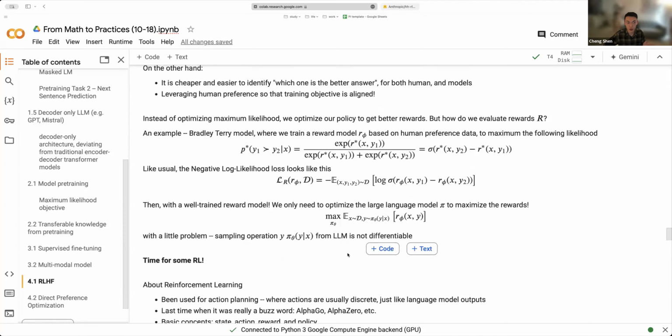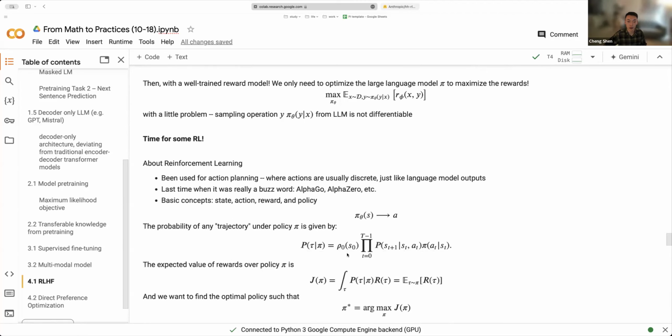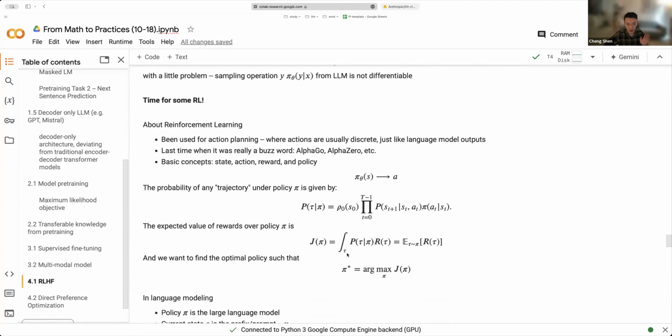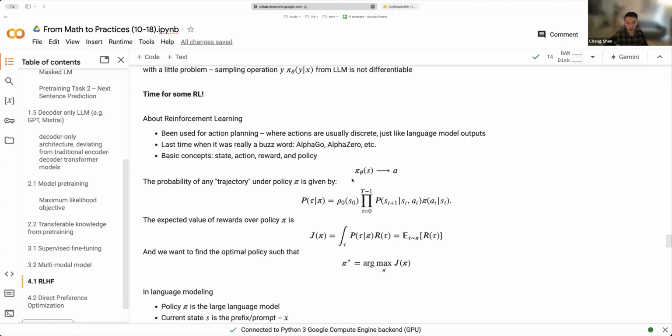And that's why reinforcement learning came into the picture. So a recap here about reinforcement learning. Reinforcement learning has been quite popular, especially when AlphaGo and AlphaZero came out. Reinforcement learning really impressed the world about how much it can achieve.